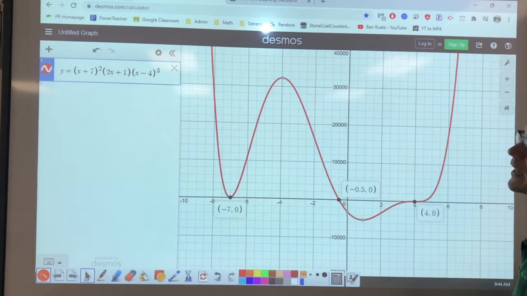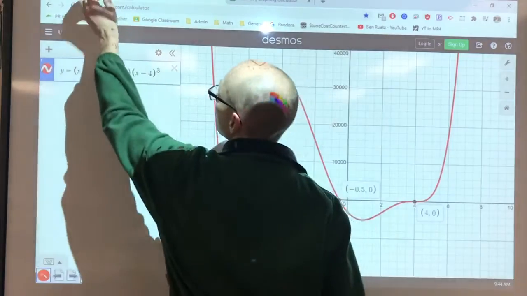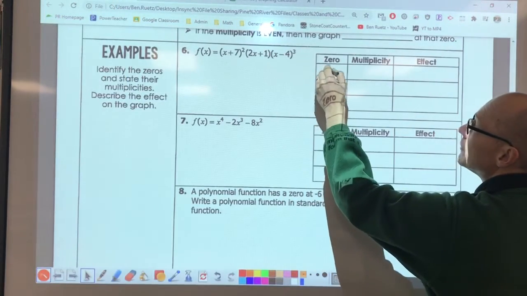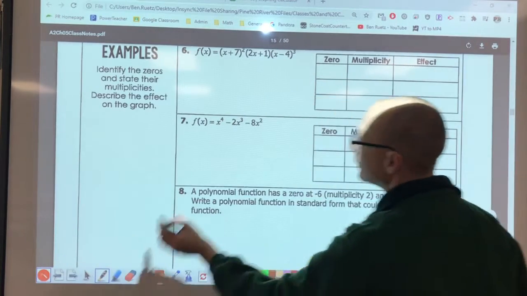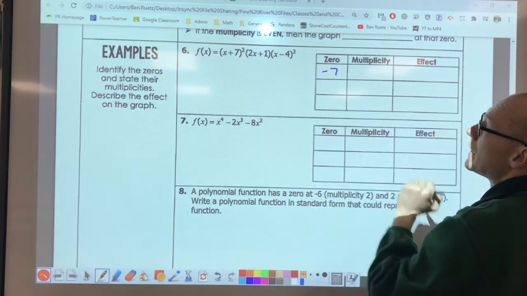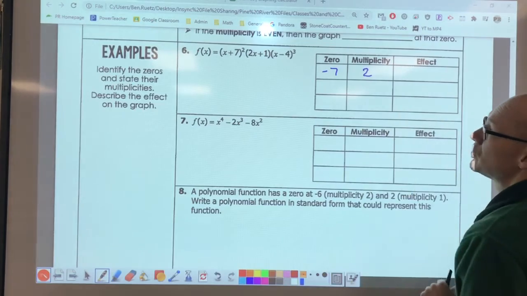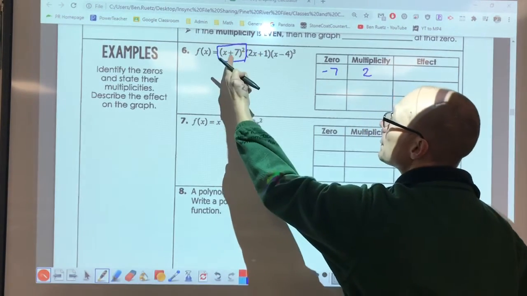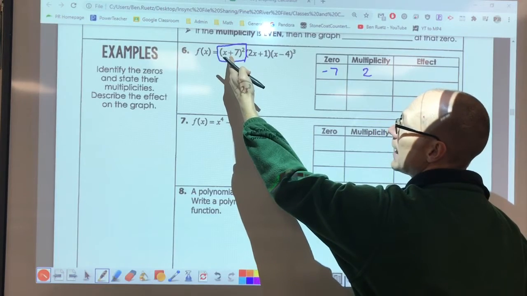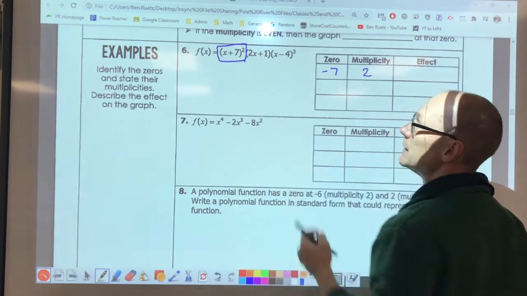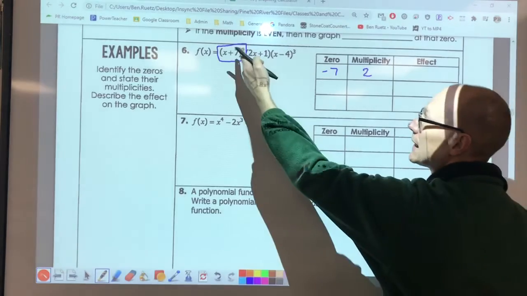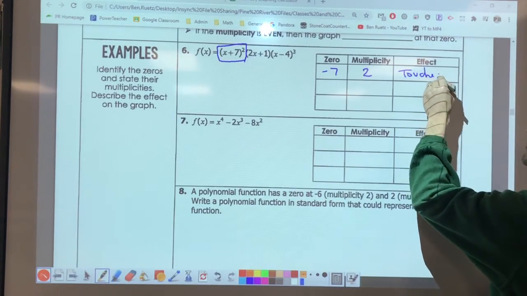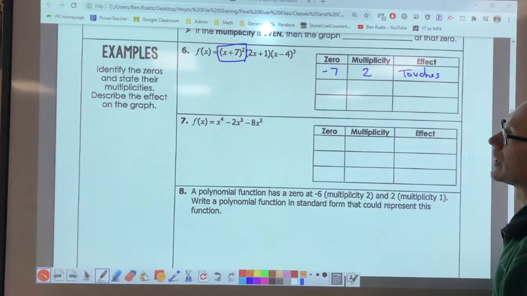Let's go back and look at our notes for this one. And what we see is that the zero of -7 has a multiplicity of 2. Do you see that right there? This x plus 7 factor solves to be -7, and it's like a parabola. So it touches or bounces, as the notes have.